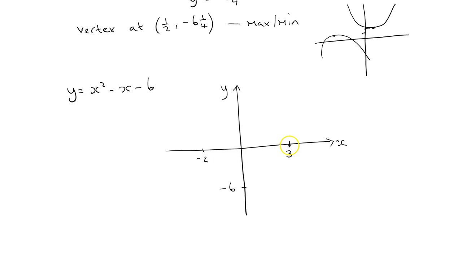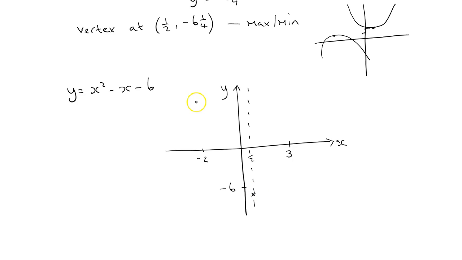And remember, they are also called roots or zeros. That's a term that you're going to need later on. Our axis of symmetry was at x is equal to 1/2. And this is the line about which our parabola is symmetrical. And it's also the line on which our vertex sits. And our vertex was at the coordinates x is 1/2, y is minus 6 1/4. So our vertex is down there.